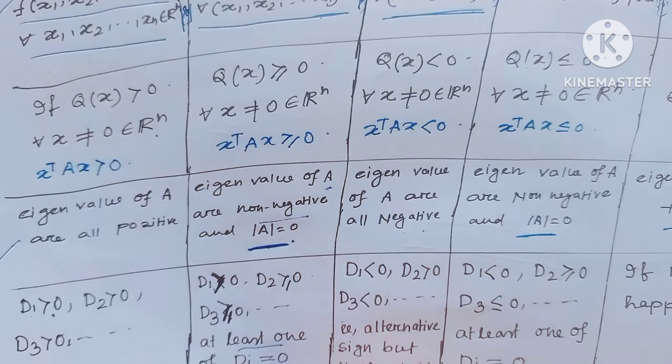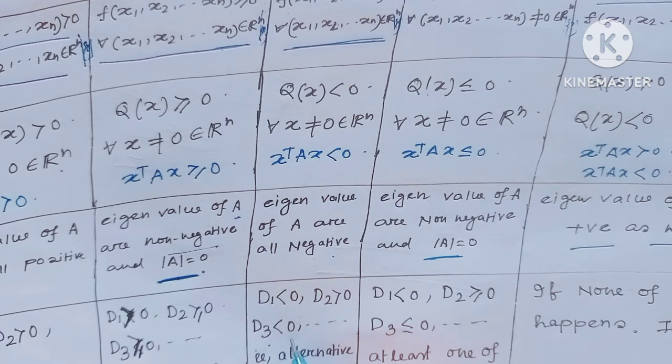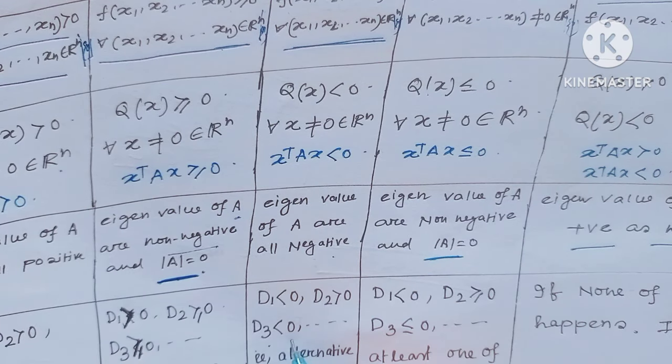And negative definite means D1 less than 0, then D2 greater than 0, then D3 less than 0. That means alternating sign, but the first principal minor should be negative. This is a very important part.